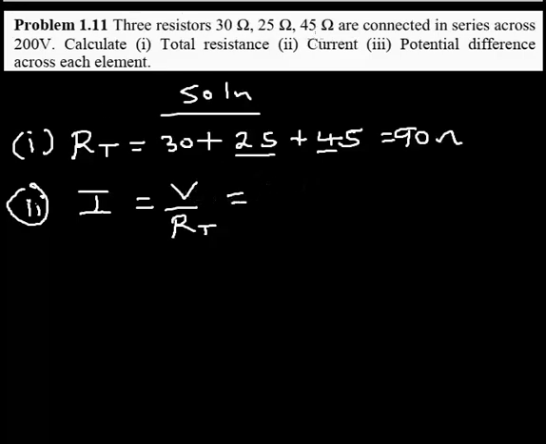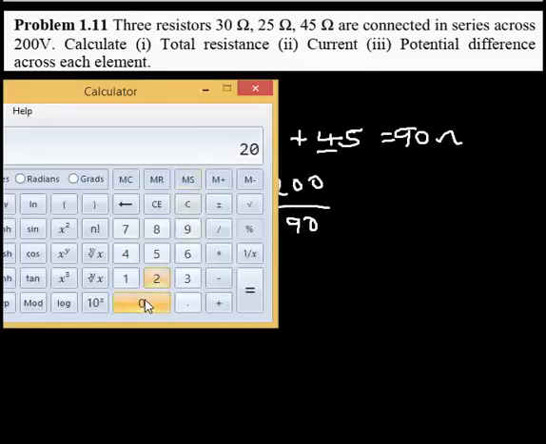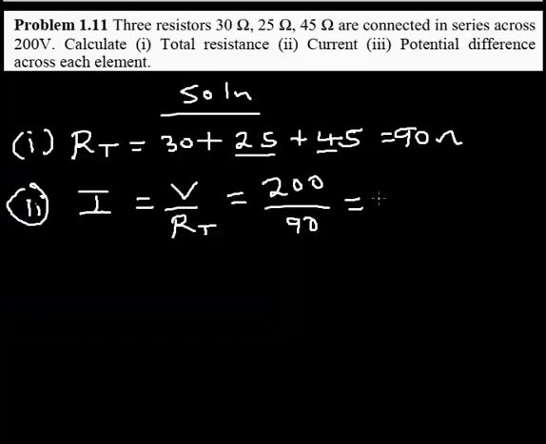The voltage supplied to those resistors is 200 volts, divided by the total resistance 90. So 200 divided by 90 is going to be equal to 2.2 ampere. Okay, so the potential difference across each resistor.